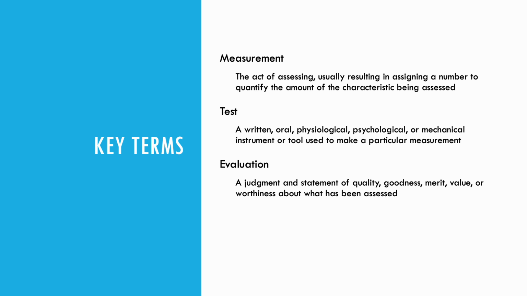If we're looking at other examples, we look at BMI: the measure is the number, the test would be weight to height ratio, and the evaluation is to compare it to other recommendations.